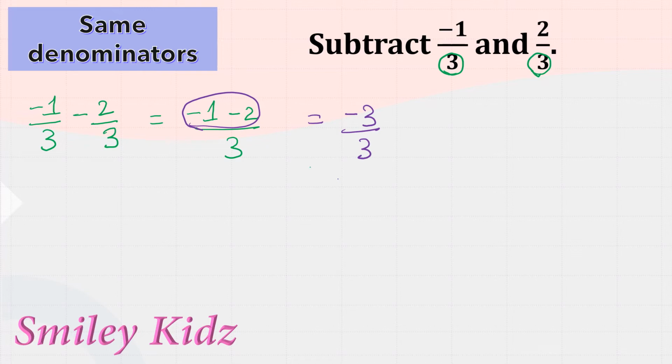Now we can simplify this rational number, which is equal to -1. Therefore, when we subtract -1 by 3 and 2 by 3, we get the solution as -1.